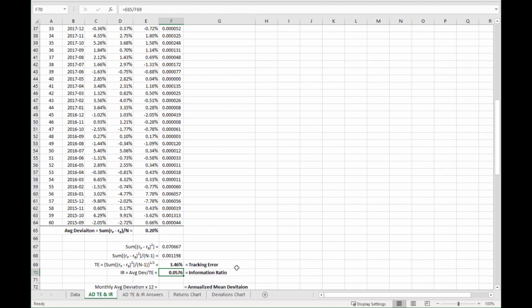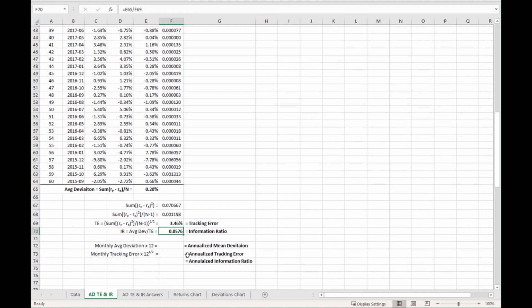And what that means is that I only need to go 0.06 of a deviation, a tracking error, to go from this expected beat of 0.2% to 0. It's telling me how many of the tracking errors I need to go from this average deviation of 0.2 to an average deviation of 0, and I can see it's not very many. This is a very low information ratio.